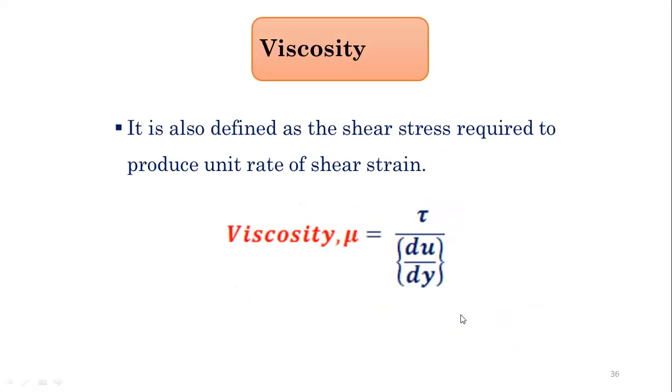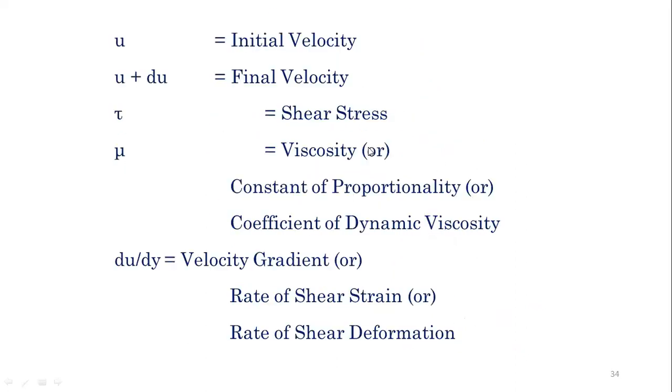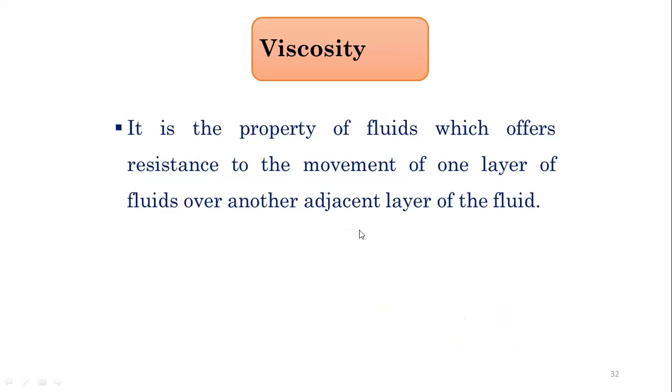It is also defined as the shear stress required to produce unit rate of shear strain. One more definition for viscosity, which is easy for you to remember. This will be the best.